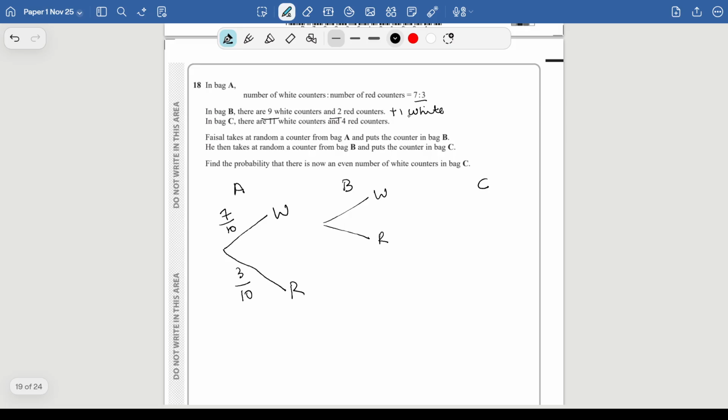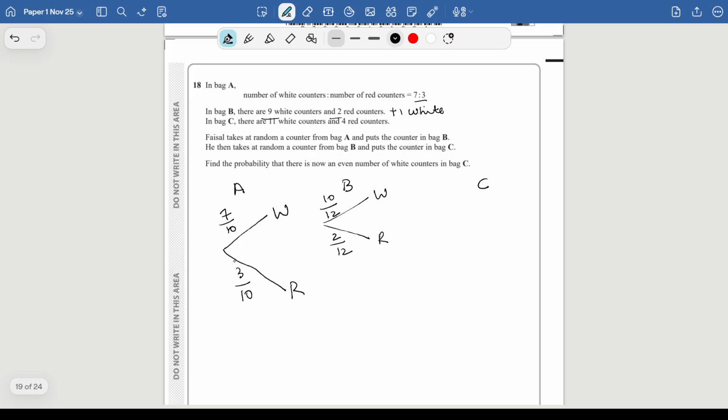There are 10 white counters out of a total of 9 plus 2 is 11 plus 1 is 12. There are 12 total counters now in bag B. The number of red counters hasn't changed because we have included a white counter, so its probability will be 2 out of 12.